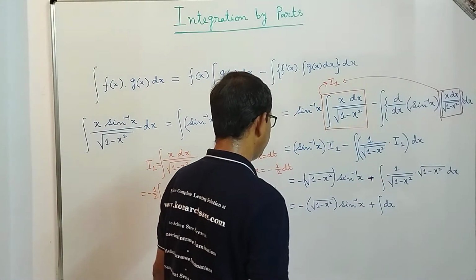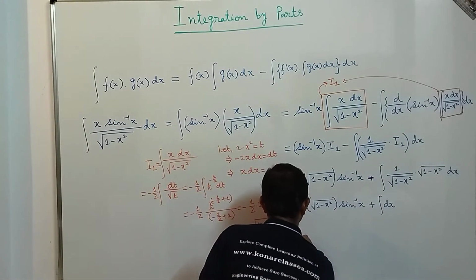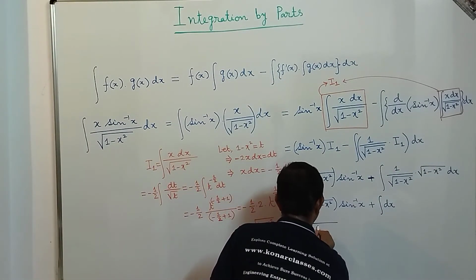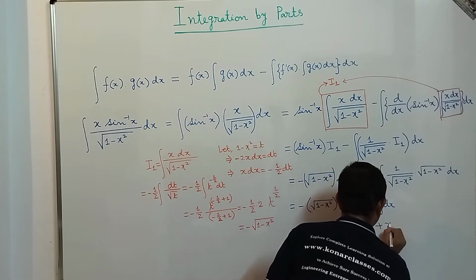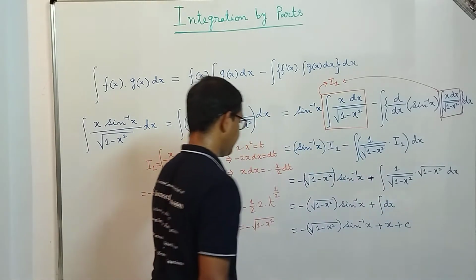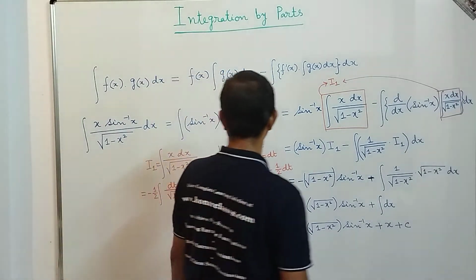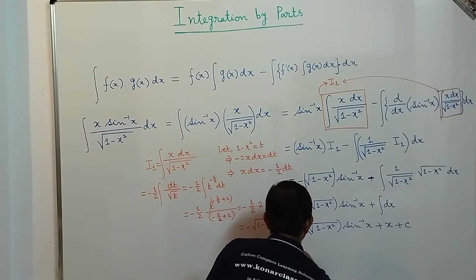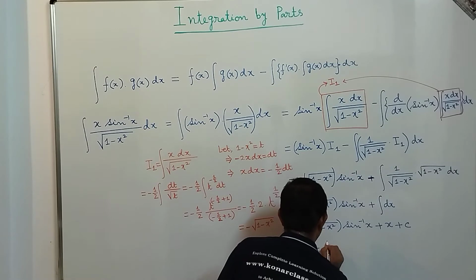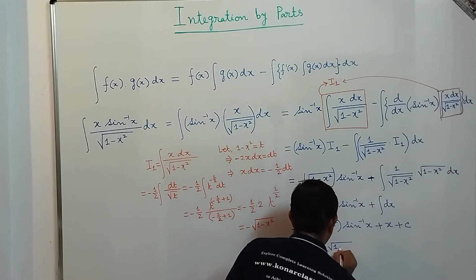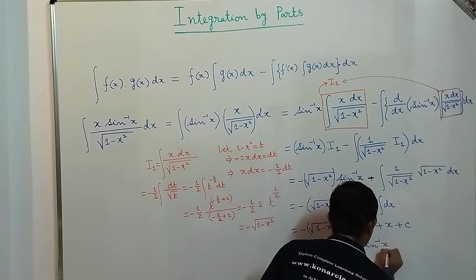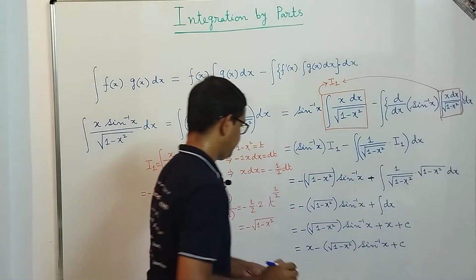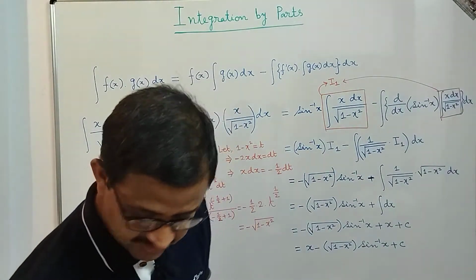And integration dx we know is x. So what we get? Minus square root of 1 minus x square into sine inverse x plus c. So this is the result of this integration. So we get x minus square root of 1 minus x square into sine inverse x plus c. So this is the way we get that one.